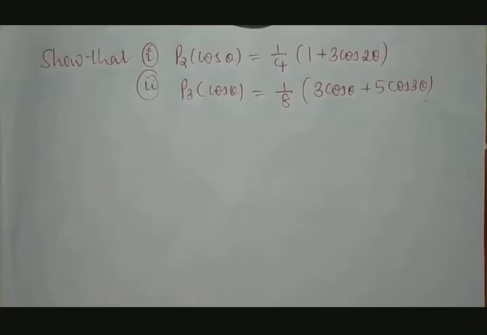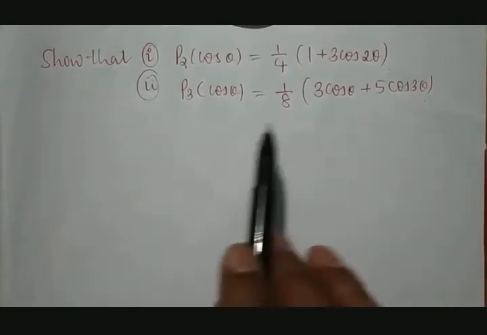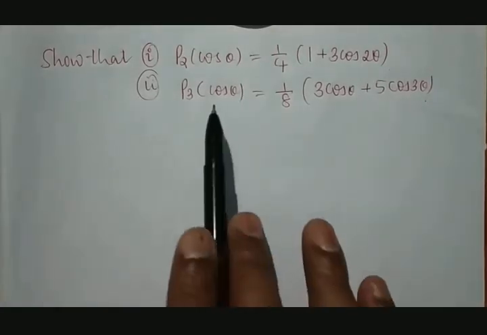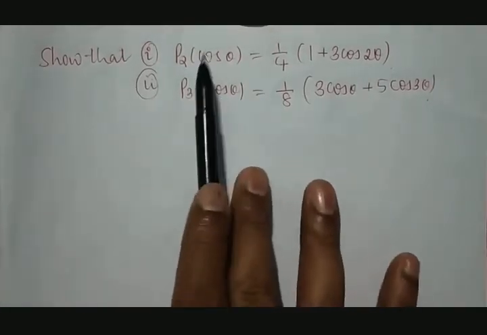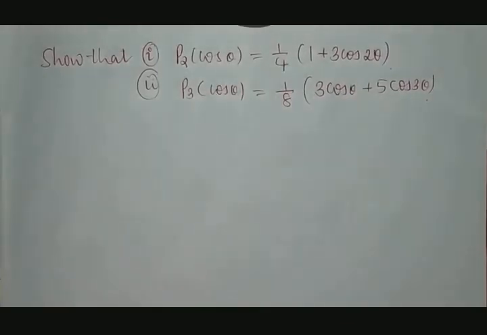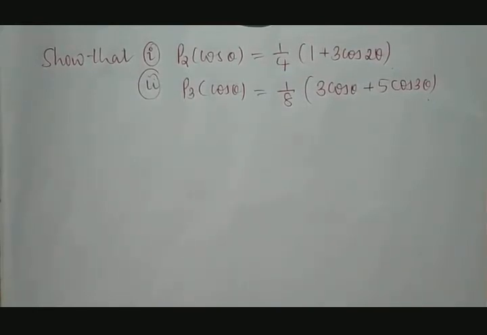Today we'll discuss an example on either Legendre or Rodrigues, we can say. If it has been asked by Legendre, then proving that this is equal to this is possible. If it has been asked by Rodrigues also, it is possible. So both Legendre and Rodrigues are possible in this case.